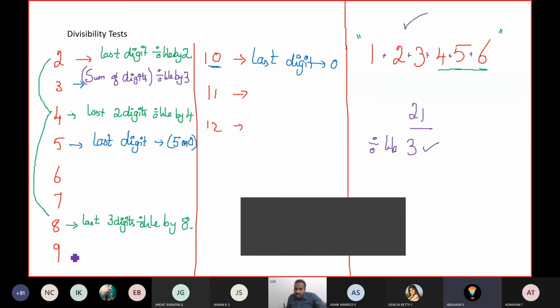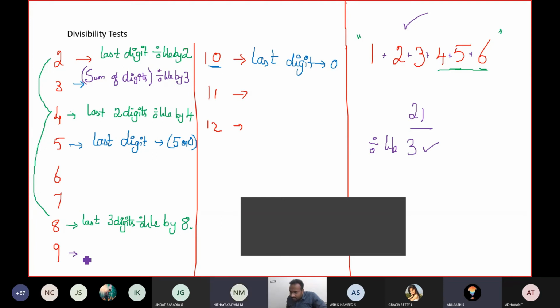Okay. Can you guys tell me what is the divisibility rule of 9? Same as 3, sir. Same as 3.